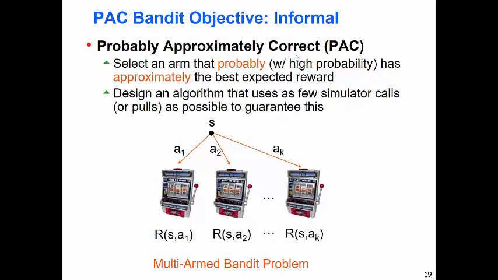This type of analysis is often done in computer science. Anytime you have randomized algorithms, you'll often see analyses that deal with probably approximately correct. It's also a very famous concept in learning theory, machine learning theory.